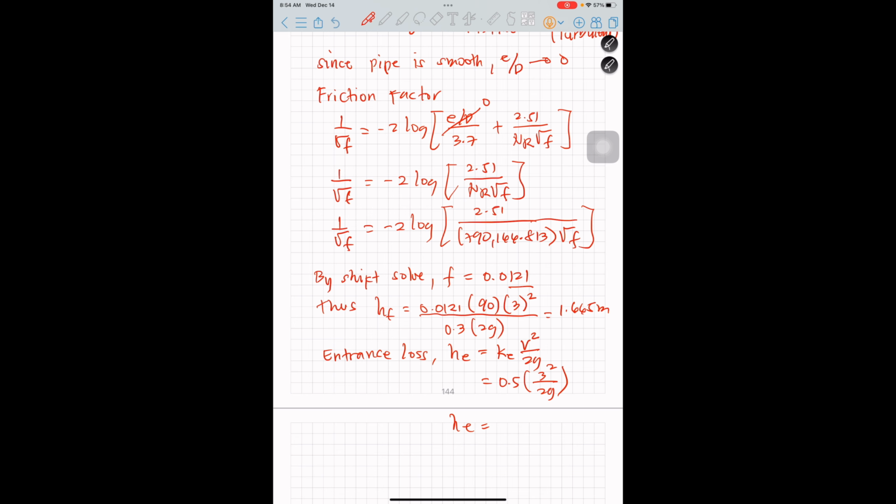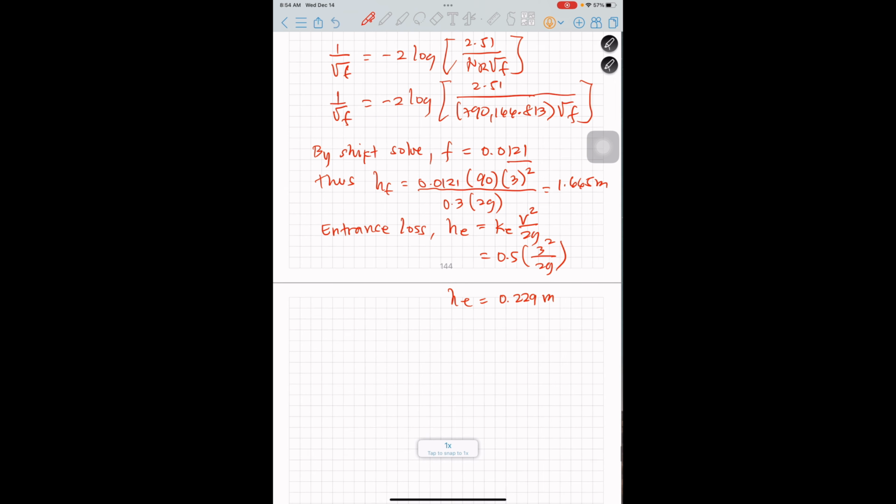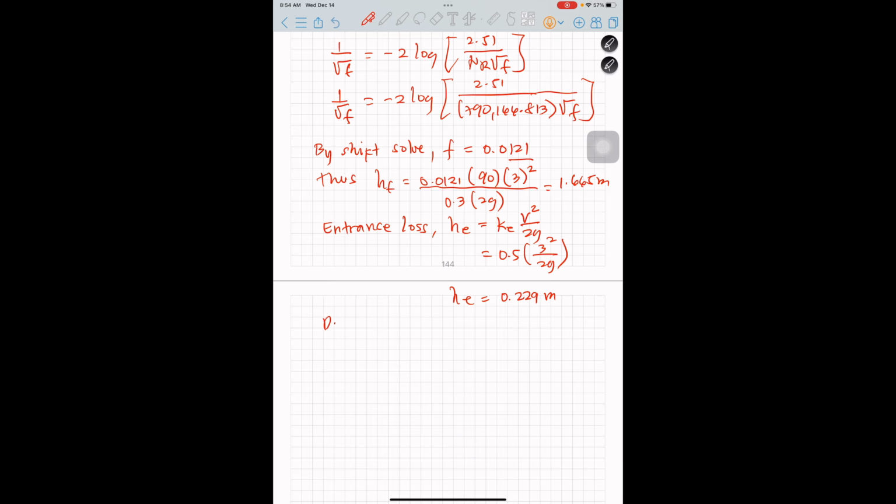So your head loss at the entrance is 0.5 times 3 squared divided by 2 divided by G, which is 0.229 meters.